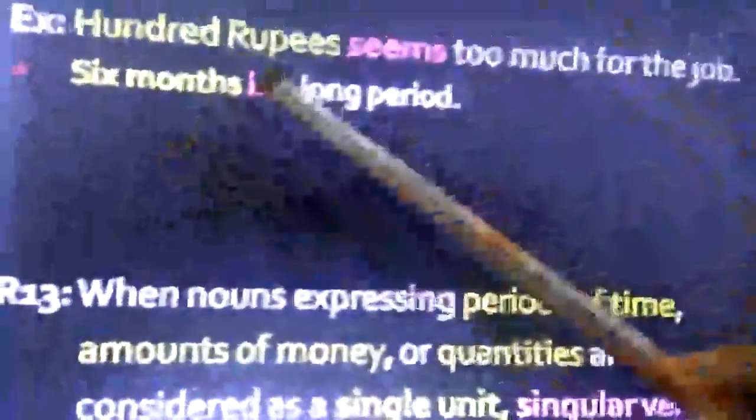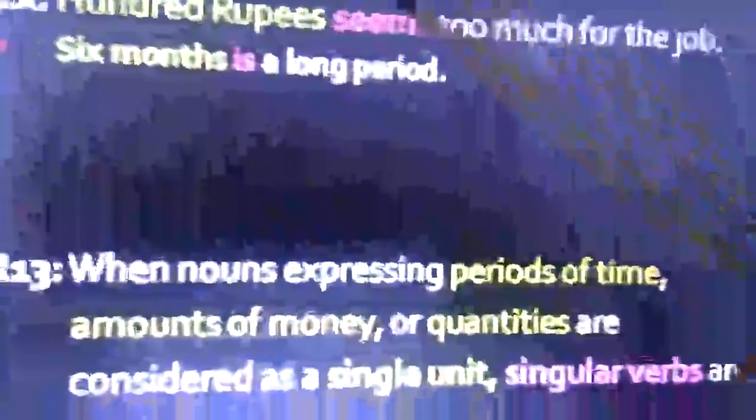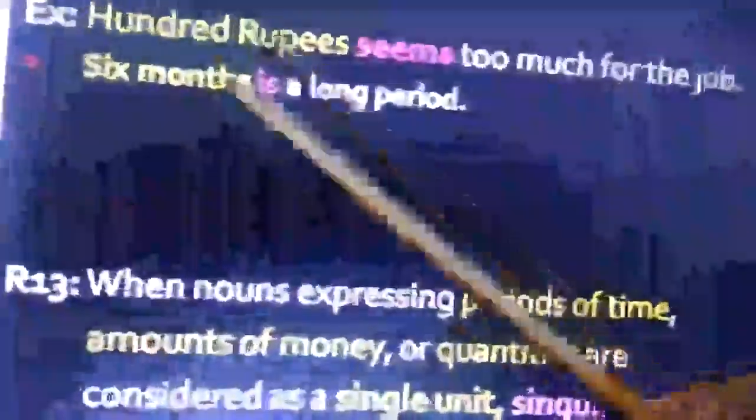So such words, that means when nouns expressing periods of time, amounts of money, or some quantities are considered as a single unit, the verb that is used along with such nouns should be singular. 100 rupees means it's an amount, a sum of money, and so we have to use a singular verb here. 6 months, of course, is a period of time.